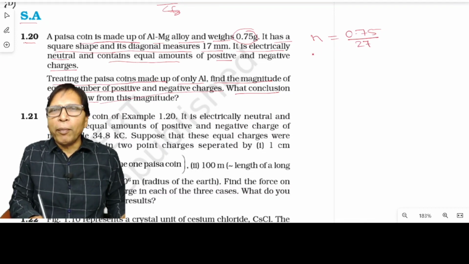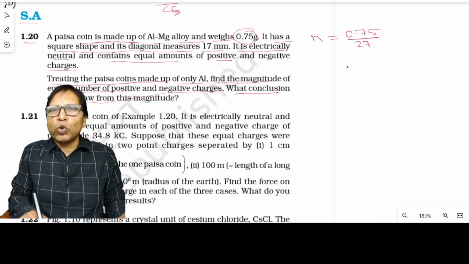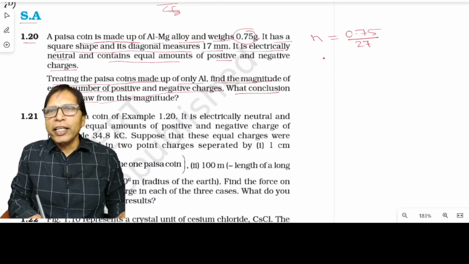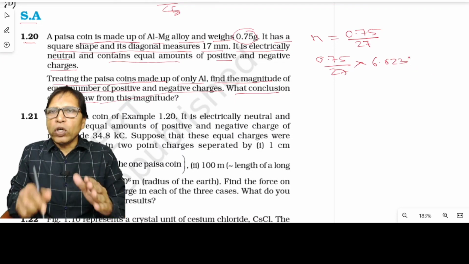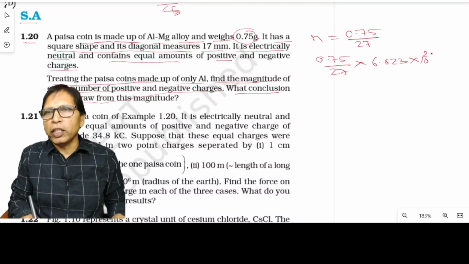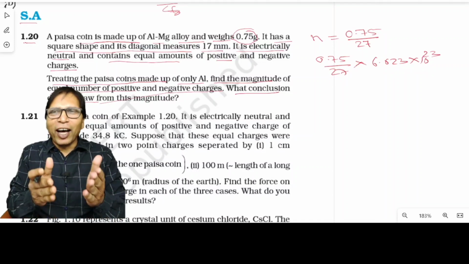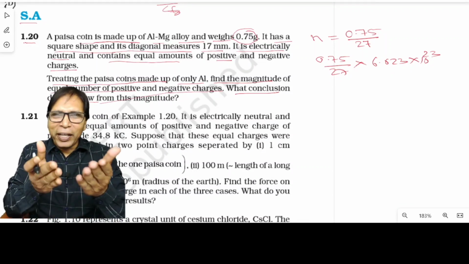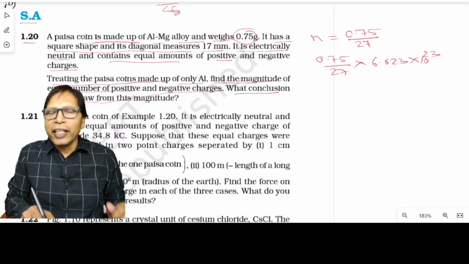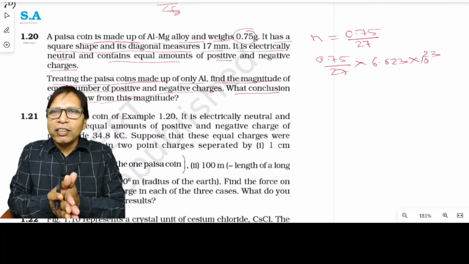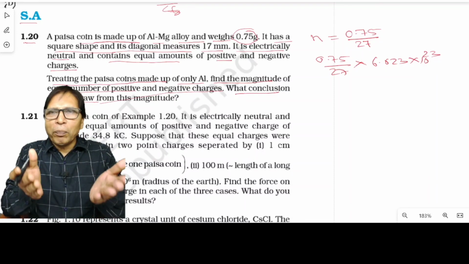So the total number of atoms is 0.75 by 27 into 6.023 into 10 to the power 23, present in the coin. Now for aluminum, the number of electrons and number of protons is 13.